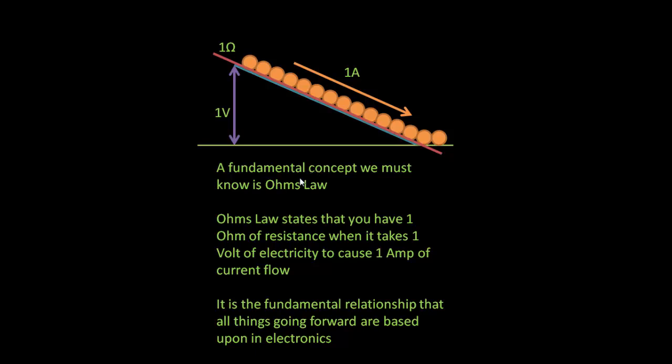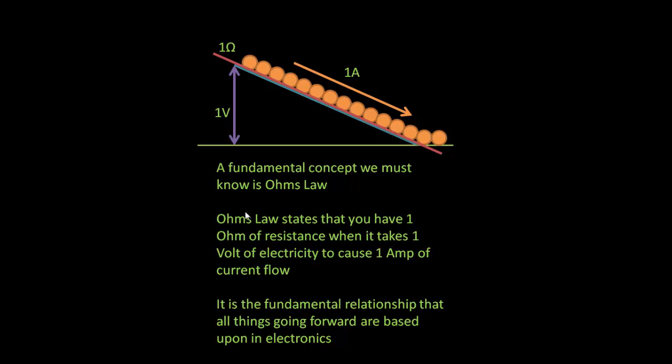But it's actually called Ohm's law. Mr. Ohm, somebody many years ago, created this law, and it's stuck, and people have used it since then, and it works. What Ohm's law states is that you will have 1 ohm of resistance when it takes 1 volt of potential to cause 1 amp of current flow.